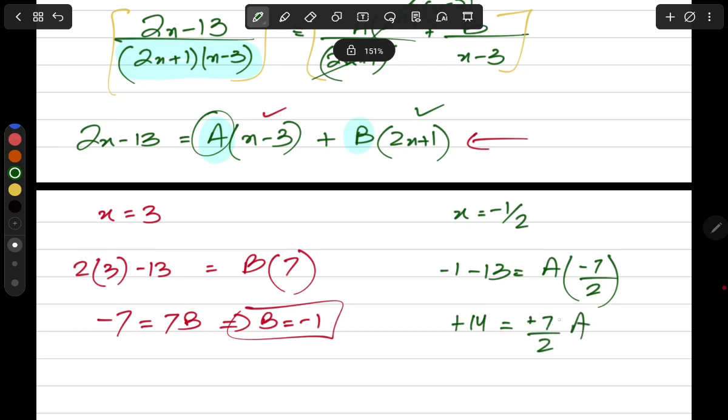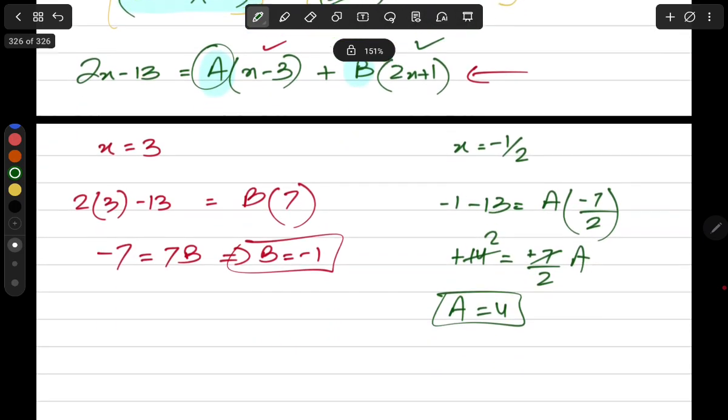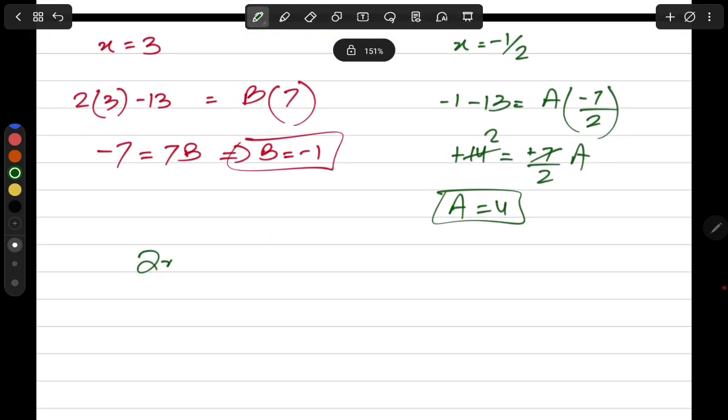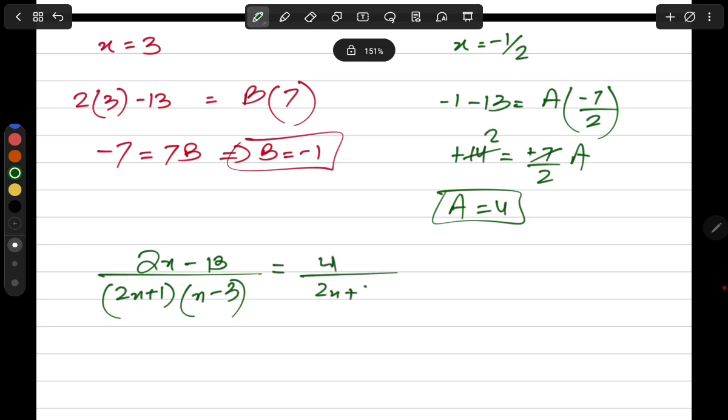So minus minus gets added, and a becomes 4. So we can rewrite the fraction (2x minus 13) over (2x plus 1)(x minus 3) as a upon (2x plus 1), where a is 4, plus b, which is minus 1, upon (x minus 3).